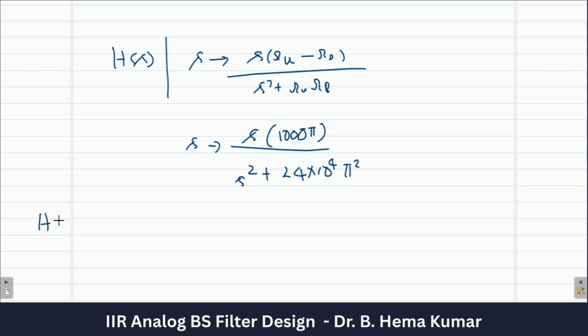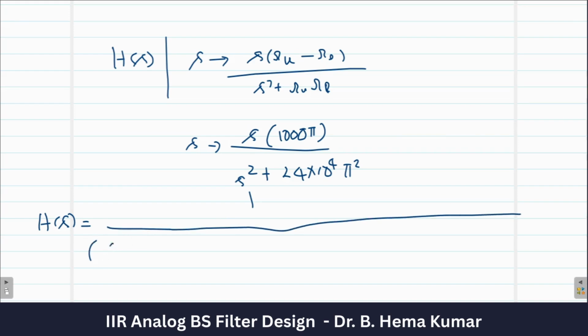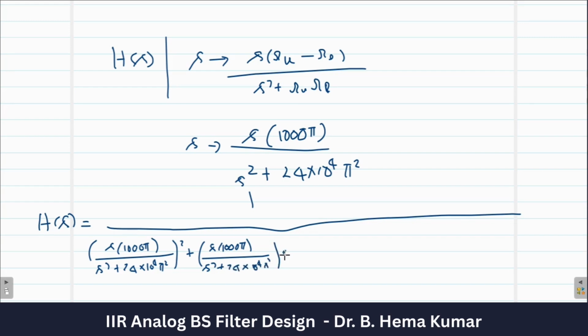So H of S is equal to 1 by [(S into 1000 pi by (S square plus 24 into 10 power 4 pi square)) whole square plus 0.765 times S into 1000 pi by (S square plus 24 into 10 power 4 pi square) plus 1]. This is one factor.